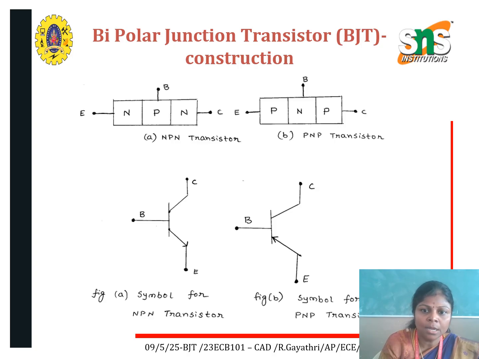And coming to PNP transistor, the outer layers are P type and the middle layer is N type. From the outer layers the emitter and collector are taken out, and from the middle layer the base terminal is taken out. In the symbol of NPN transistor, the emitter current flows out, so the arrow mark is outward. In PNP transistor, the emitter current flows inward, so the arrow mark is inside.